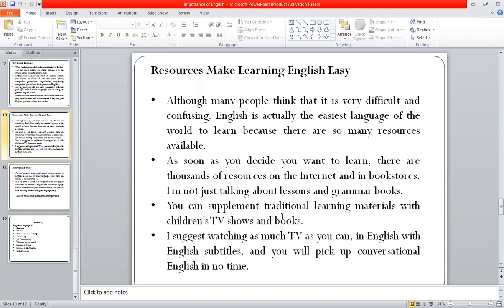So try to read them also. The English used in comic books is also very easy, so you will get the meaning very easily and understand the content of that book very easily. So try to read comic books also.